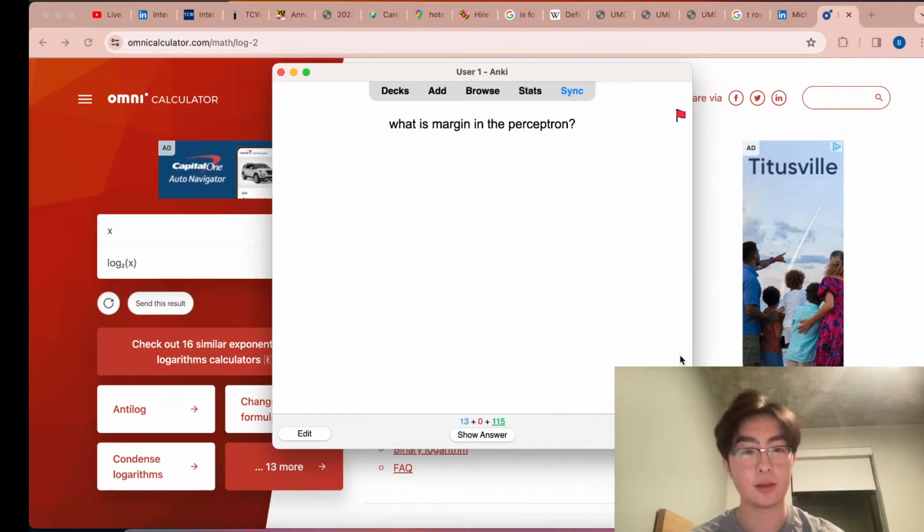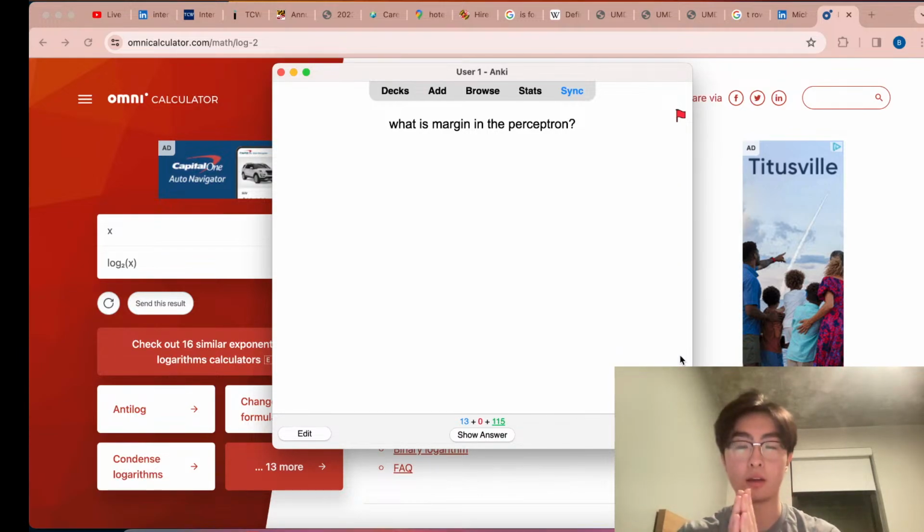So it's pretty good. What is margin in the perceptron? Remember, margin is the distance between your hyperplane and the closest points within your sample space or your data set. I still don't fully understand the intuition behind margin, because I keep hearing that having a high margin is good because it gives your perceptron algorithm more room to shift without overfitting the data.